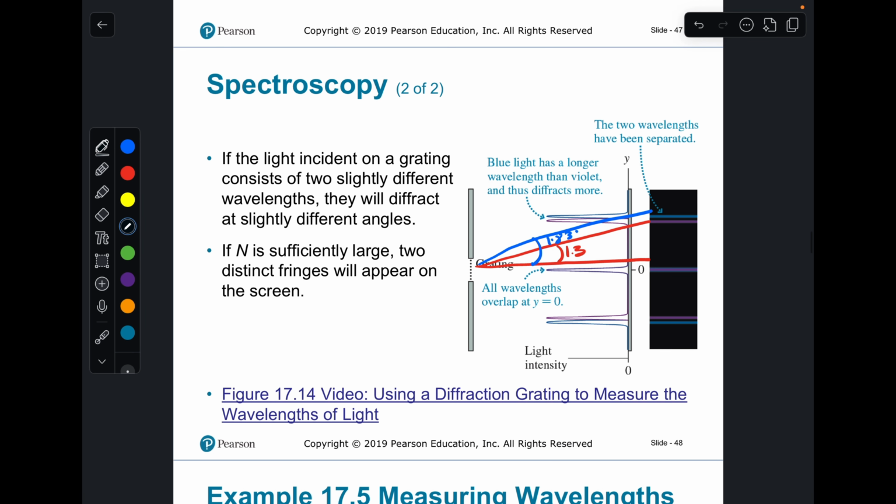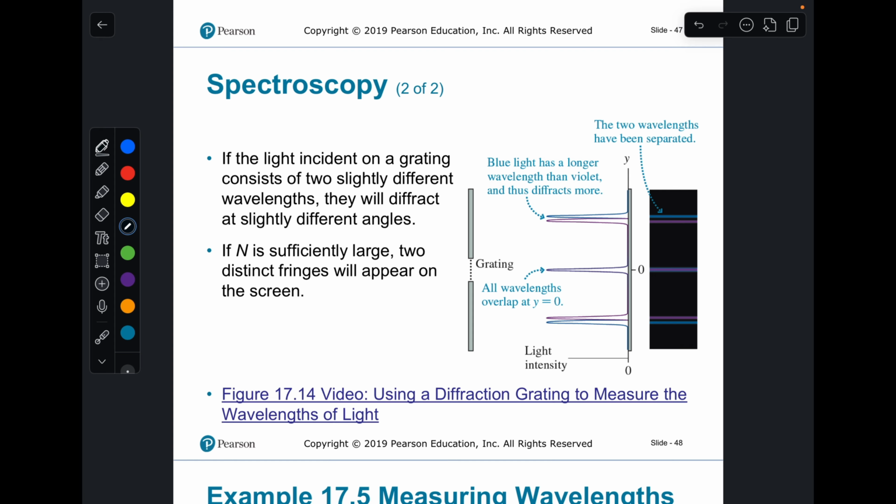Here's an example. So let's say we have some kind of liquid where you heat it up or you do something to the liquid and it causes the atoms and molecules in the liquid to create light through those atomic or molecular transitions.